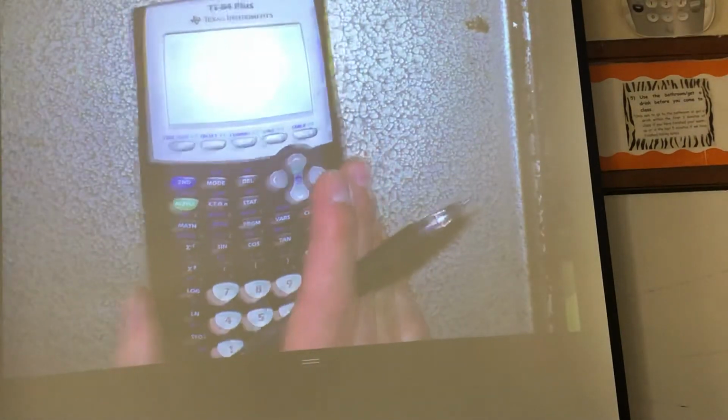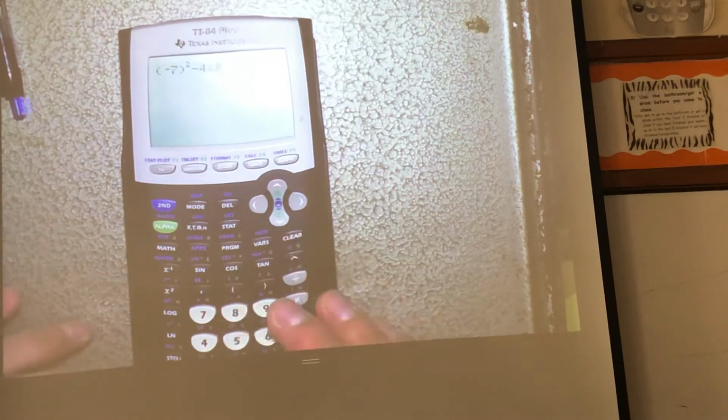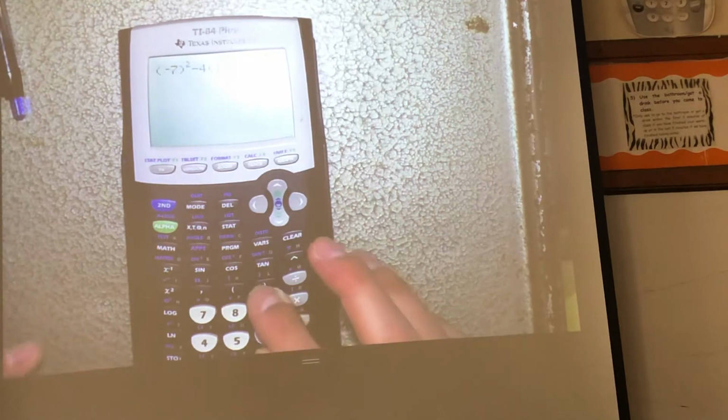What I'm going to do is plug this in my calculator exactly as I see it without the radical. So I have negative 7 squared minus 4 times 1 times negative 3.